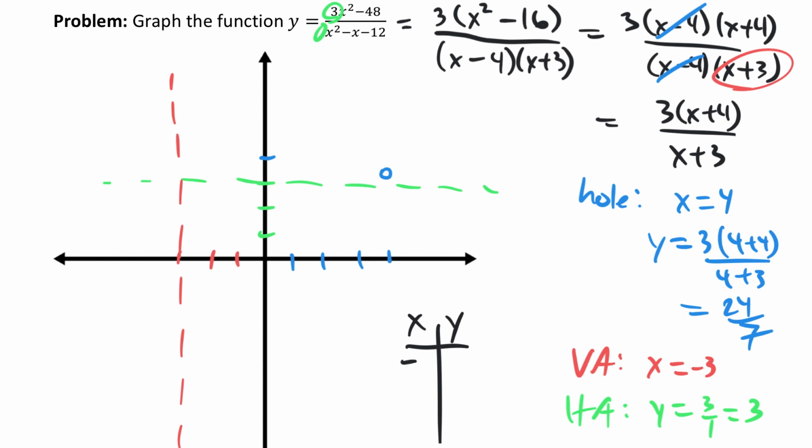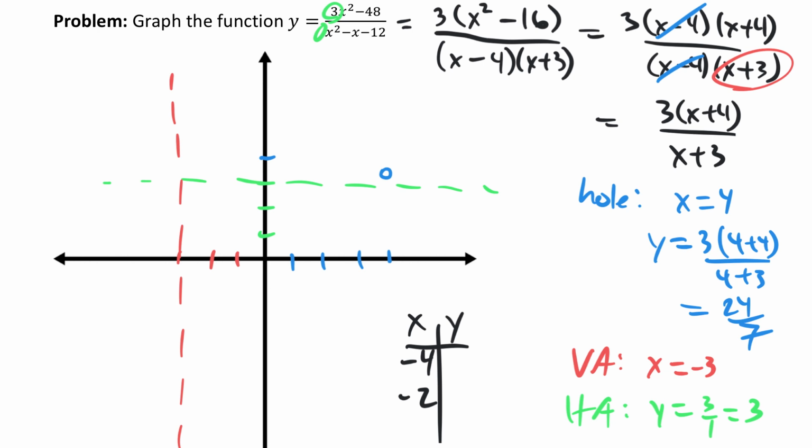So -5 and negative. We could do even -4. -4 and -2. When we plug in -4, it's actually going to be nice because in the top we're going to get -4 plus 4, so it'll be 0 on the top.